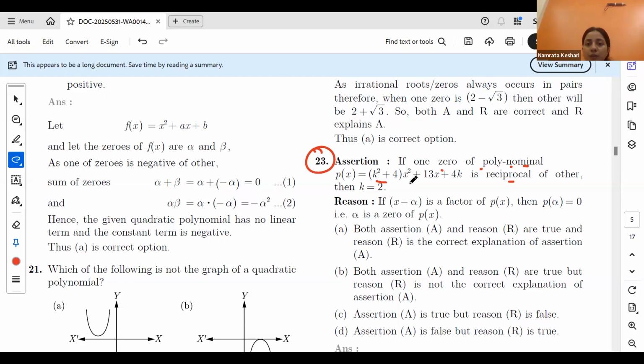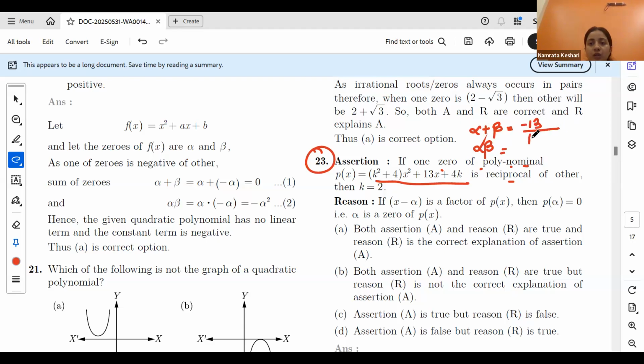Just after looking at the polynomial, we'll be able to write the sum of the zeros and the product of the zeros. Can you tell me, anyone from here, what will be the sum of the zeros? Minus b by a. What is b? What is a? Minus 13 by k square plus 4.